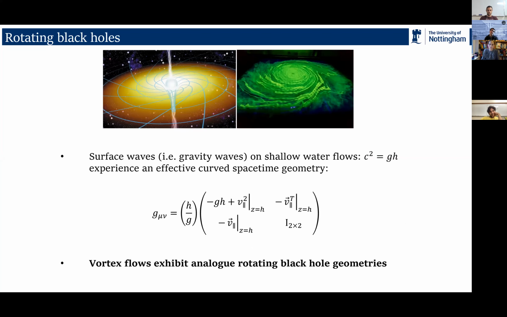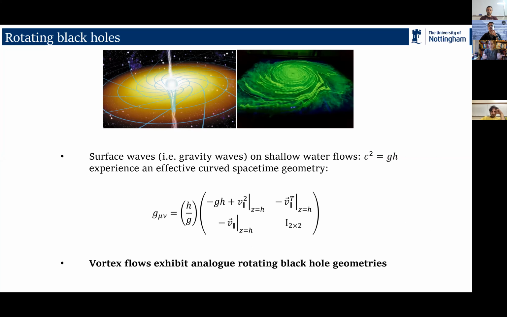To start with, I'm going to focus on surface waves. A surface wave is a two-fluid system. The one we encounter in the ocean would be the water as one fluid, and the second fluid would be the air above. The interface between these two fluids that don't mix gives me a two-dimensional sheet.